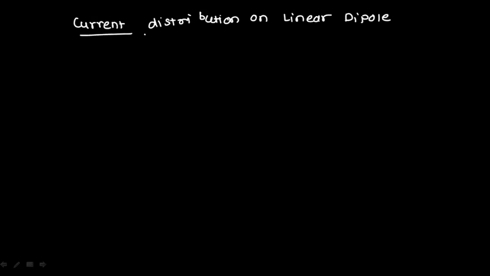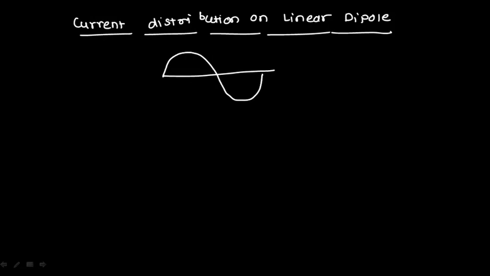So first is current distribution on a linear dipole. As I have already explained what kind of structure you see in the dipole antenna, we'll talk about how there will be different current distributions for different lengths of an antenna. Here I'm taking the example where I'm giving some input to the antenna, so this is the sinusoidal signal.